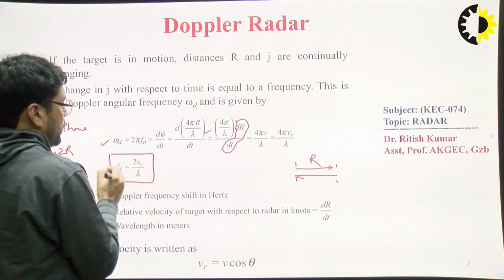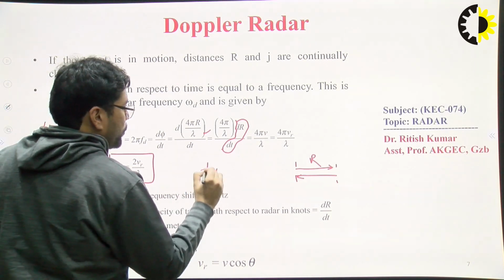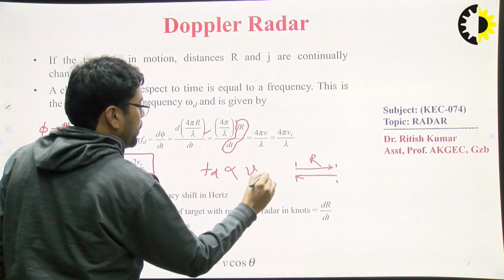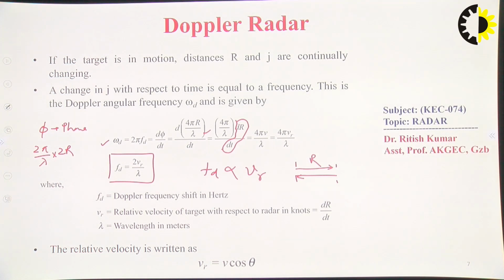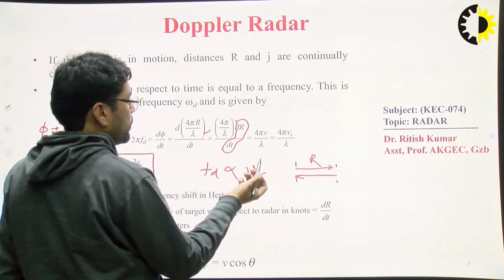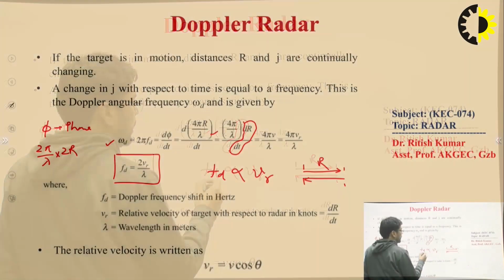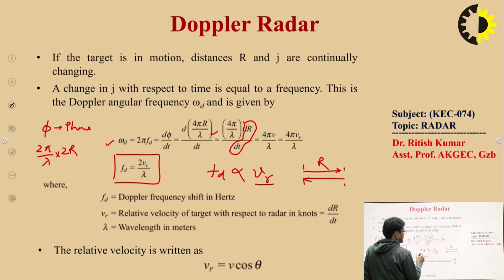So fd is directly proportional to the relative velocity of the target. As you see in physics, if relative velocity increases, frequency will increase. If relative velocity decreases, frequency will decrease. That is the concept of Doppler radar.